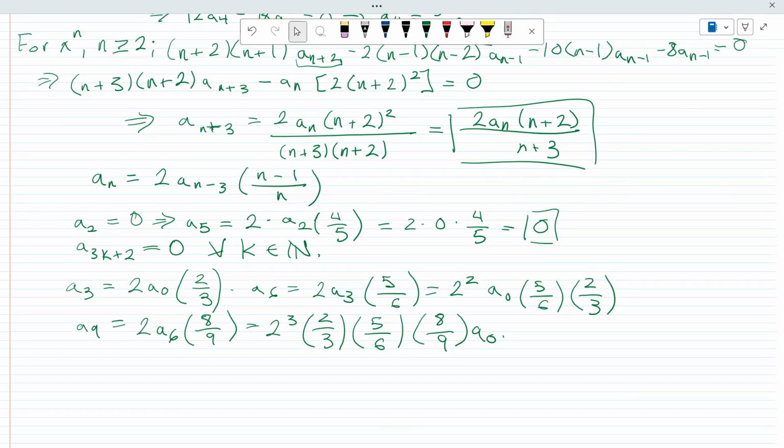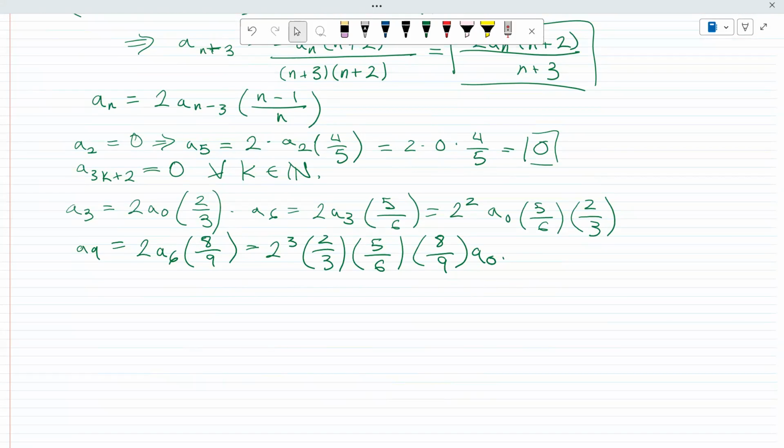And so, for this relationship right here, we can say that every multiple of 3 is going to have the expression 2 to the k, raised to the power of 3 right there, times the big product from m equals 1 to k of (3m minus 1) divided by 3m, a0.